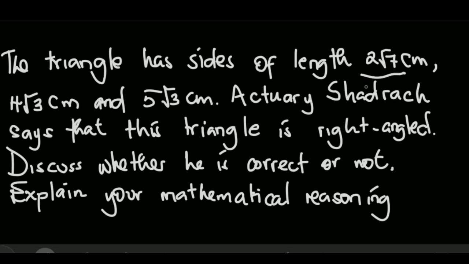So from this we have 2 root 7, 4 root 3, and 5 root 3. From this arrangement, we are going to let the biggest number represent side C, which in the case of a right angle triangle is the hypotenuse. The largest side is this one, which has 5 root 3.